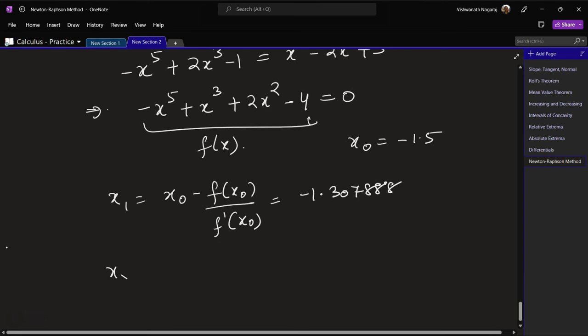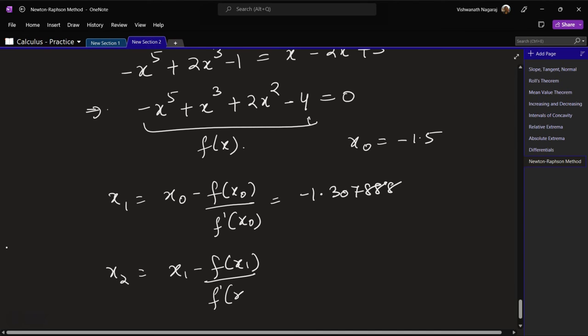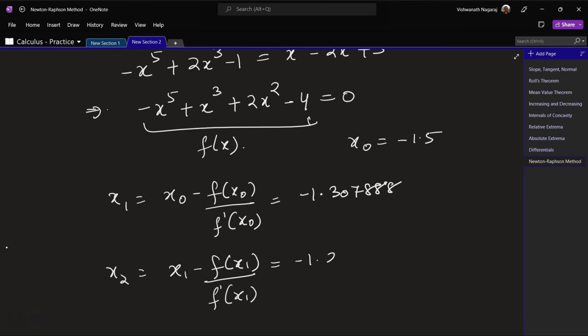Okay, second approximation would be, or rather third, initially it was just a wild guess. This would be a much better approximation and this will be much more. So x1 minus f of x1 by f prime of x1, which gives us minus 1.23926.